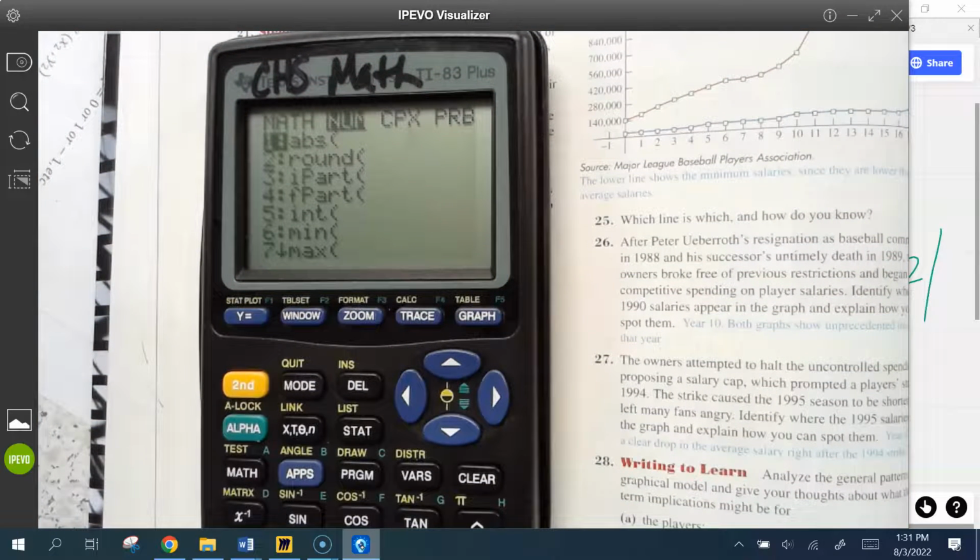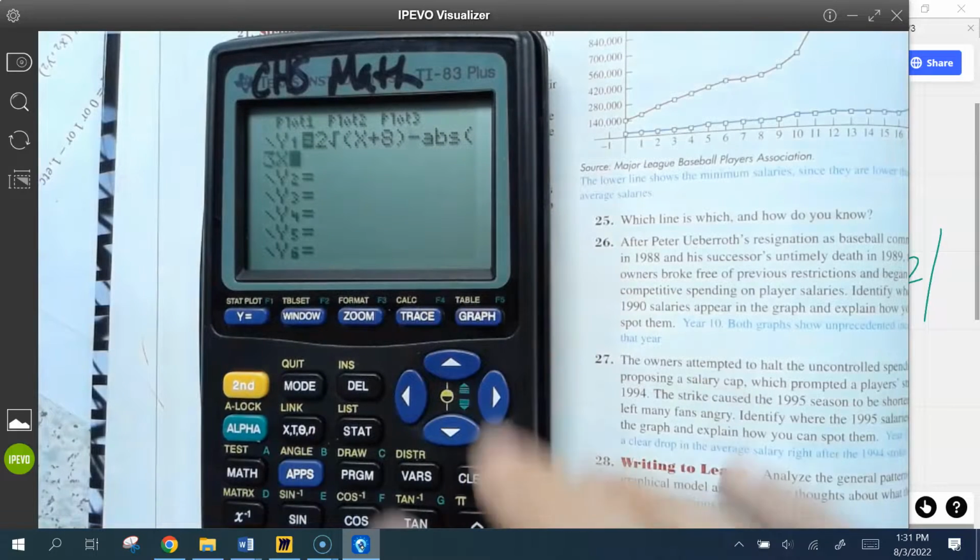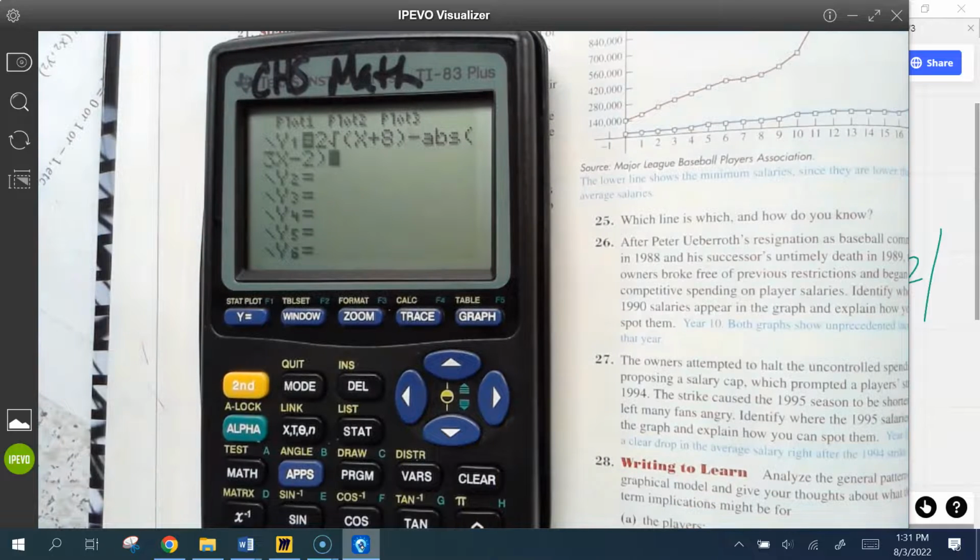That says take the absolute value of what's to follow. 3x minus 2. Yep, I'll wait on you. Math over to num, and it's the very first one, ABS. So math, right, enter.